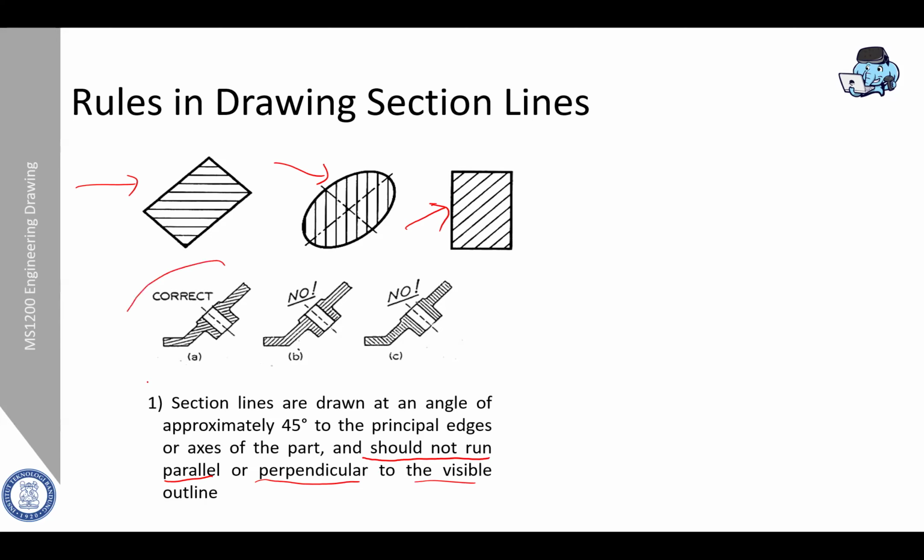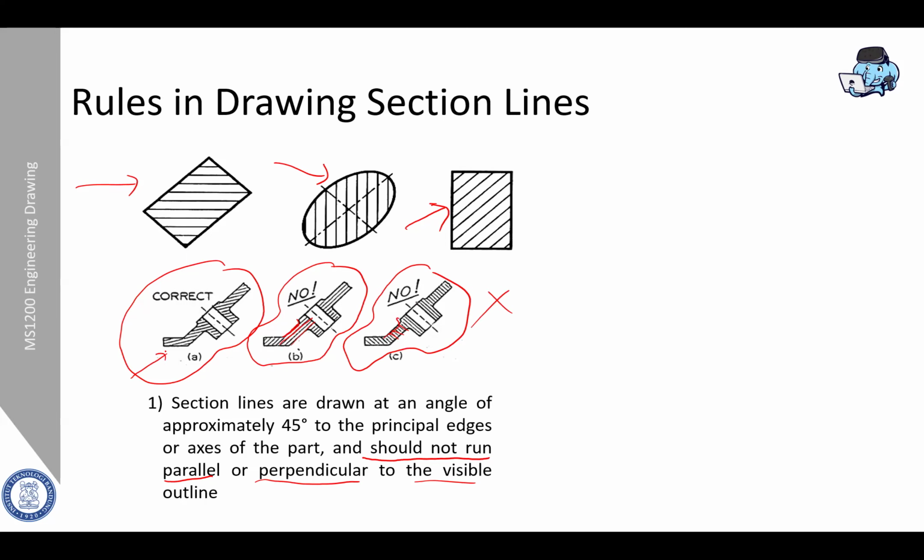So this is the correct representation of the section lines, and this one is incorrect. Why? Because as you can see, this section line is parallel to the edges, or this one is perpendicular to the edges, so it is wrong. The correct one is like this one.